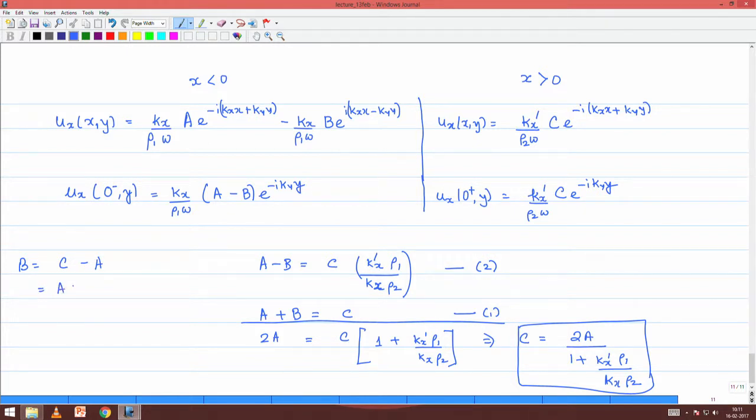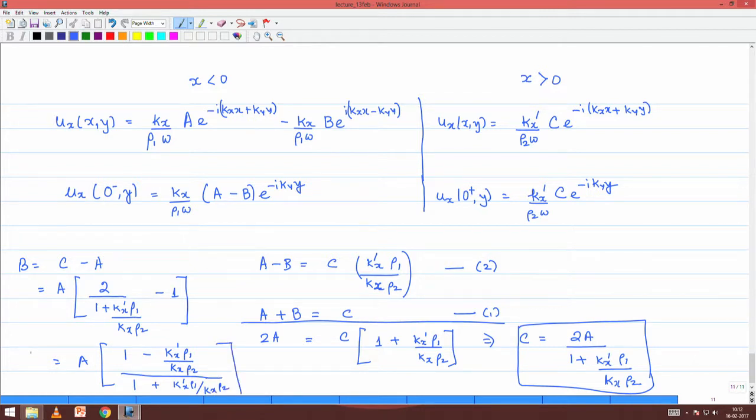So, you can pull the a outside: 2 divided by (1 plus kx' rho 1 divided by kx rho 2), minus 1, and that comes out as a times (1 minus kx' rho 1 divided by kx rho 2), and the denominator would read just the same, 1 plus kx' rho 1 divided by kx rho 2.